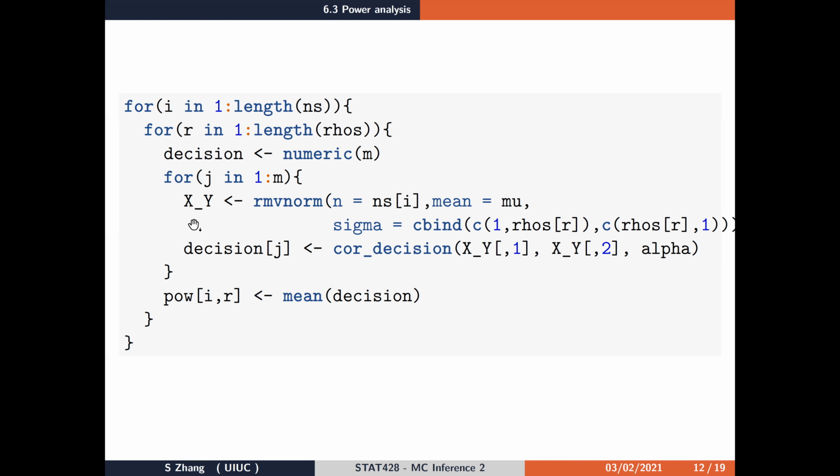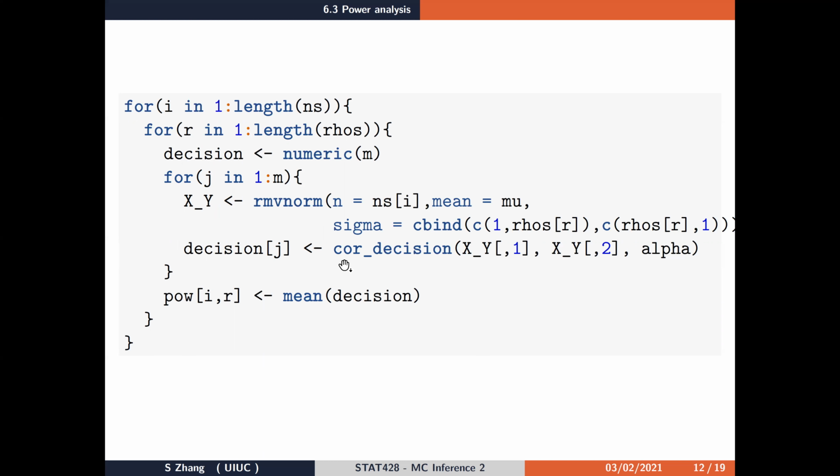After we draw the x and y's, given the sample, the first column of xy is the x values and the second column is the y samples, and given our alpha value of 0.05, we perform the hypothesis test for that iteration and see whether we reject the null or retain the null.